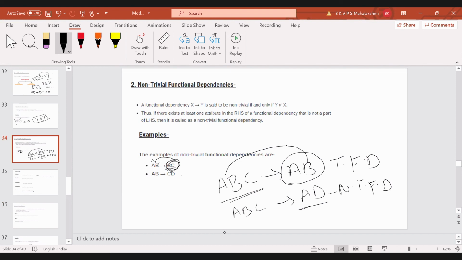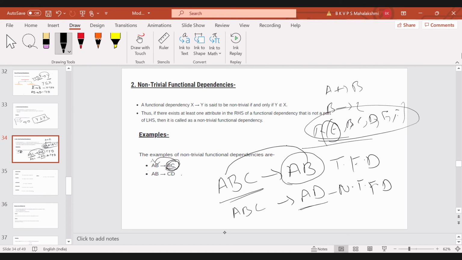But suppose in the examples, they just mention A tends to B and B tends to C. If there is a relation R with attributes A, B, C, D, E, F, how can you say which one is a key attribute? We cannot tell by looking blindly at the relation. So we have to know.